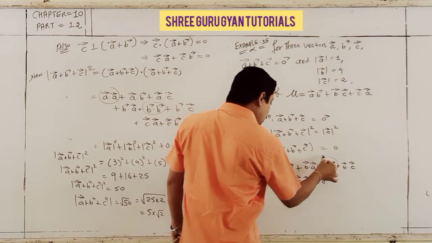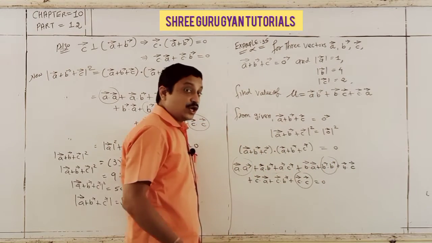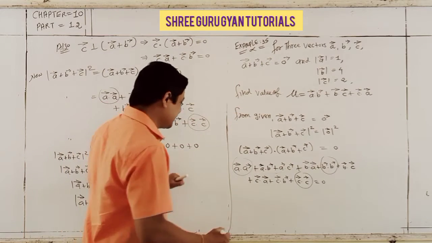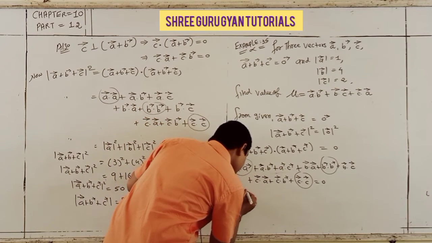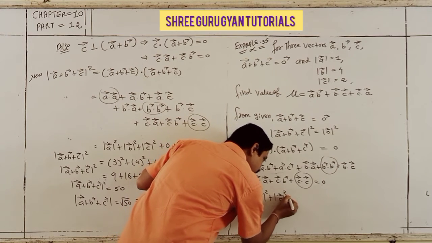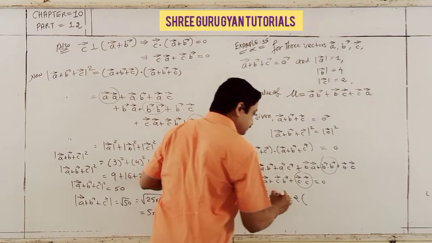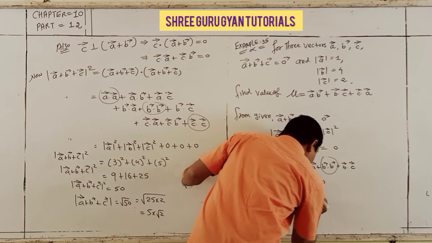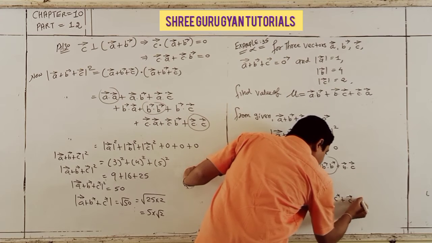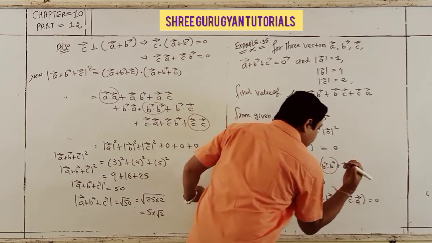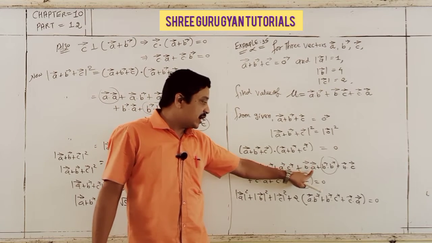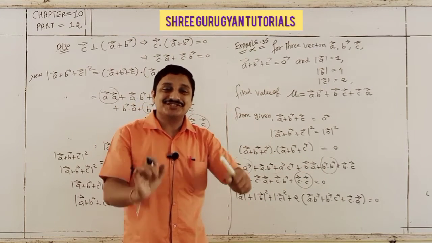Next, B dot B is known, C dot C is known, and for the others you define your answer. So it is modulus A whole square, B whole square, C whole square, and 2 times A dot B, B dot C and C dot A. Here I take like terms, A dot B and B dot A, both plus.